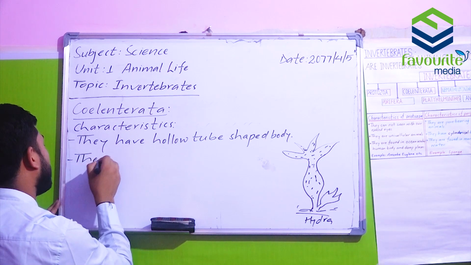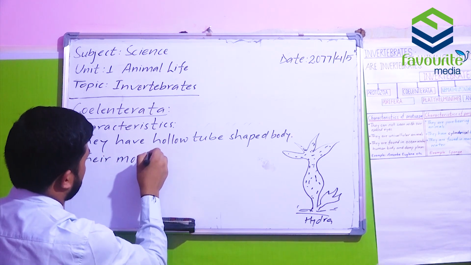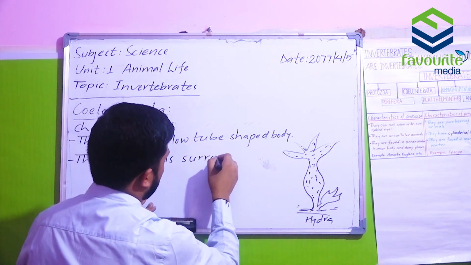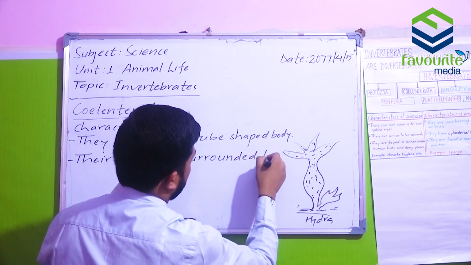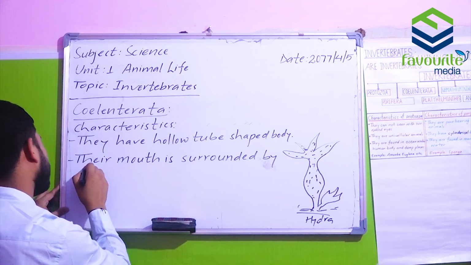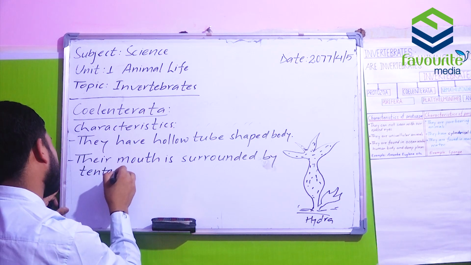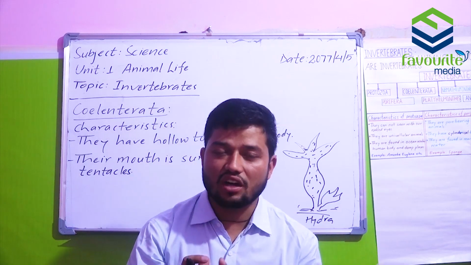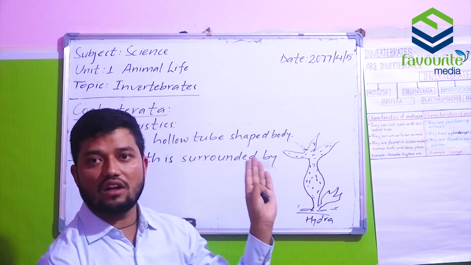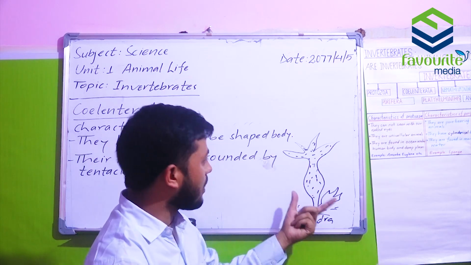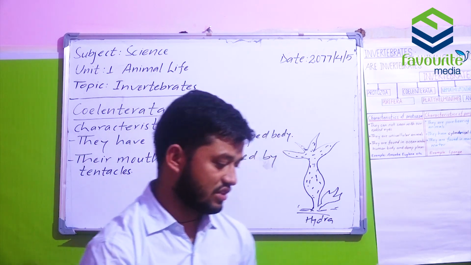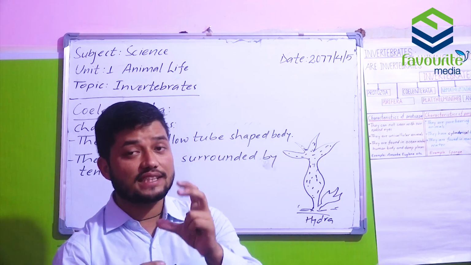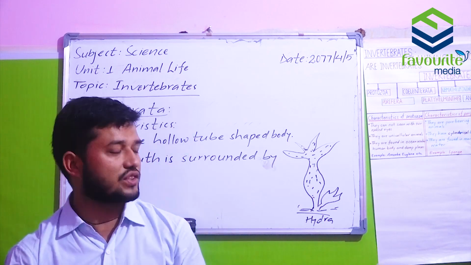Another point is given there: they have a mouth, or you can say their mouth is surrounded by tentacles. The mouth of the animal of group Coelenterata, or the mouth of Hydra, is surrounded by tentacles. Tentacles are the small finger-like structures, right?